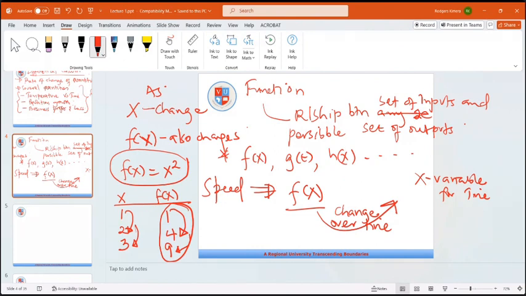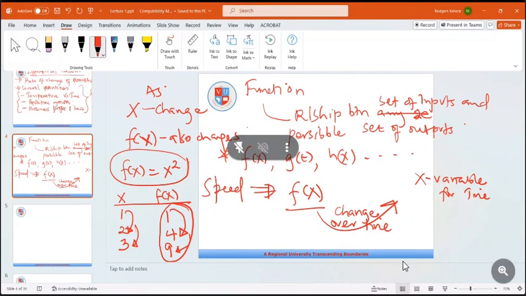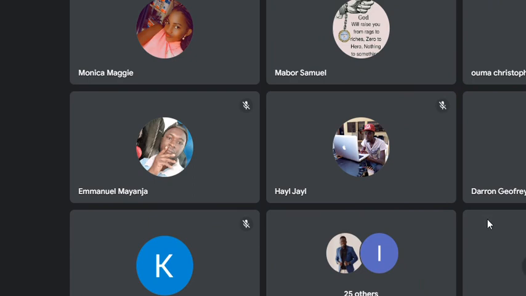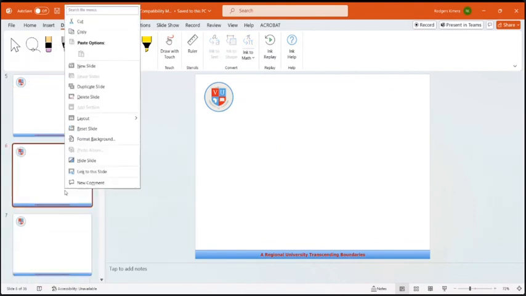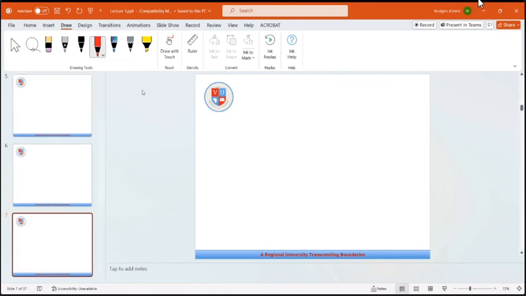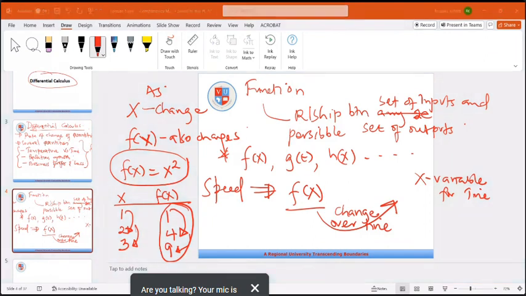The screen is okay. Is the screen now okay?